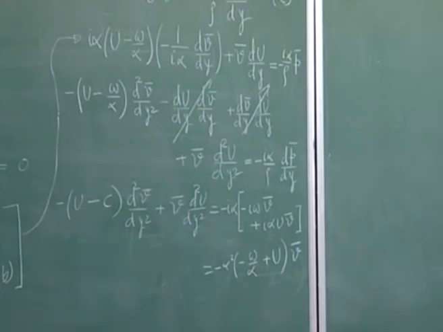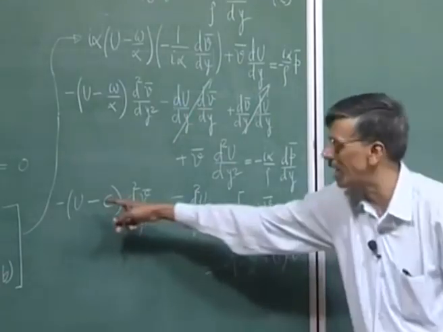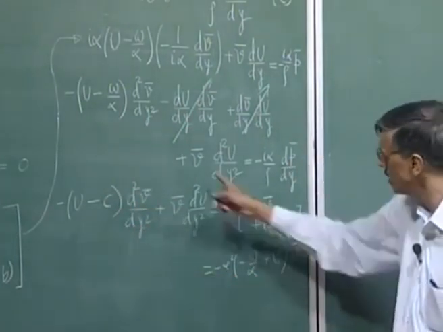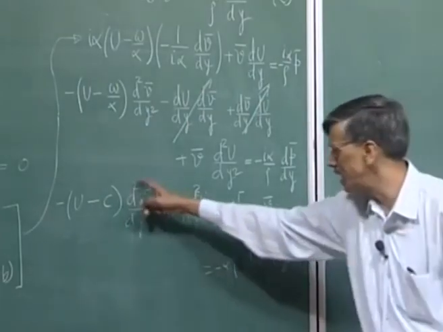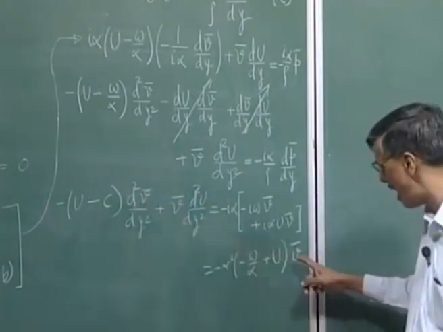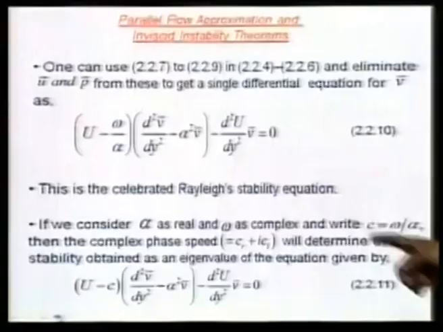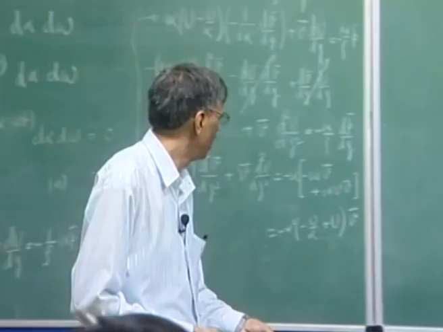All right. So essentially we are getting u minus c. So you can put this inside, and then you will find the quantity u minus c will be multiplied by the second derivative of v bar with respect to y, minus alpha square v bar. That is what you are seeing here. So that is the derivation of the equation.